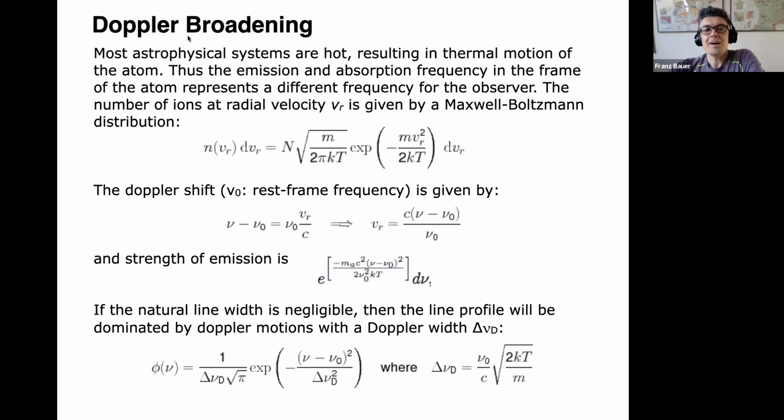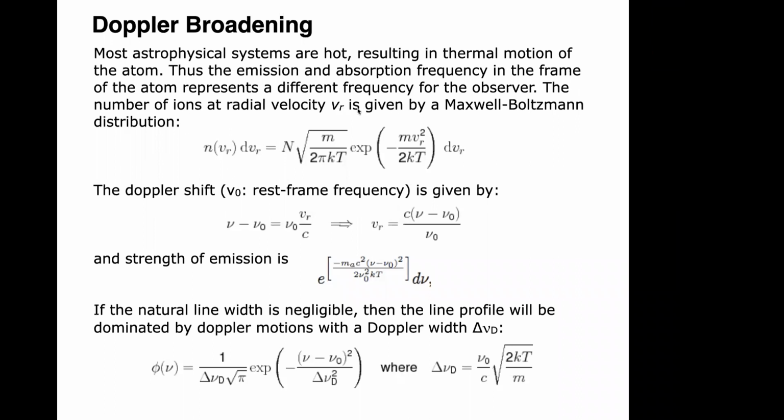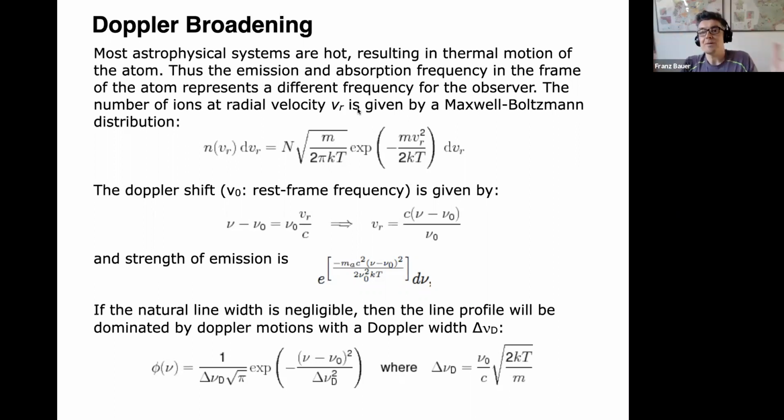And so what that means is that if we have a distribution of, say, ions with a radial velocity Vr, and it's in equilibrium, we will have a Maxwell-Boltzmann distribution of velocities.